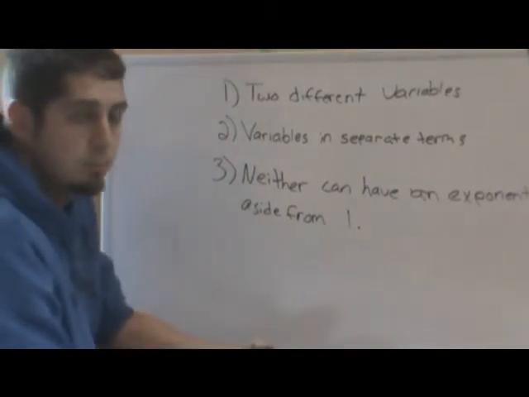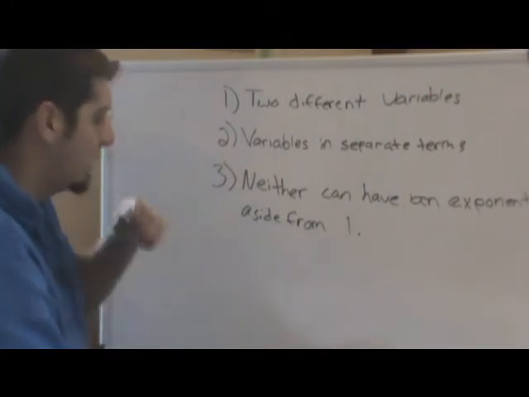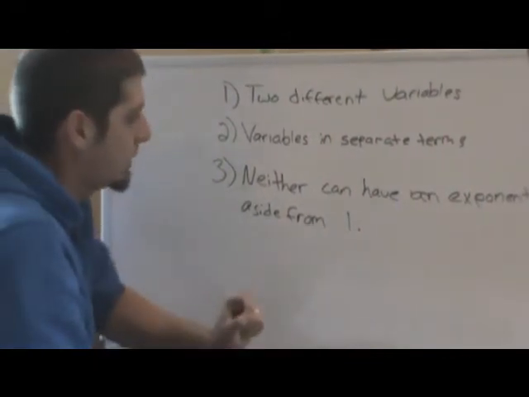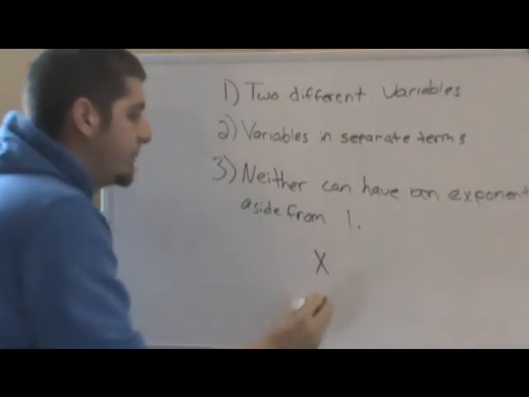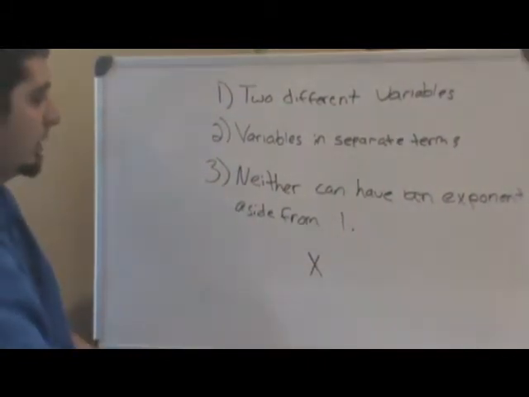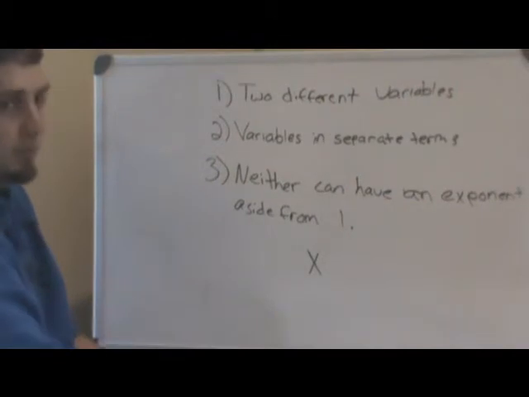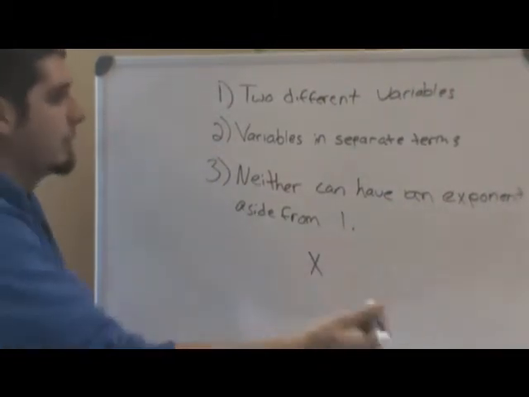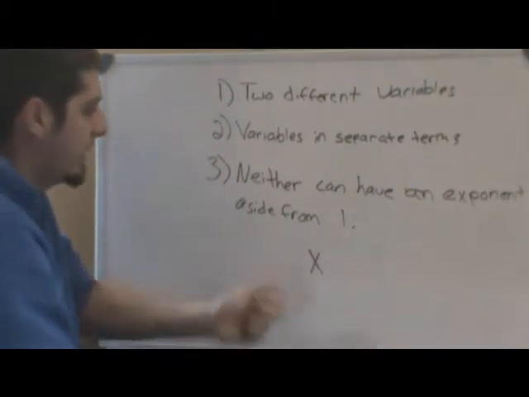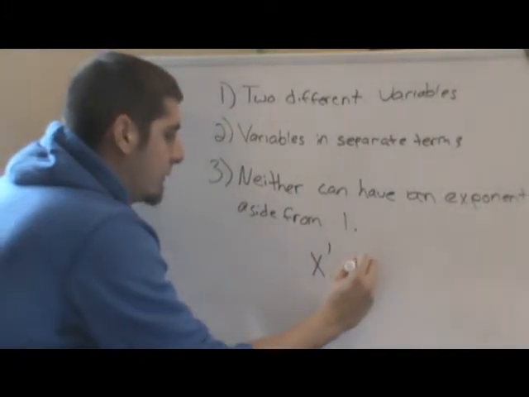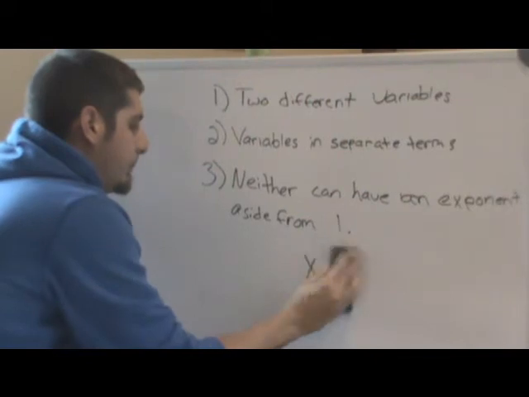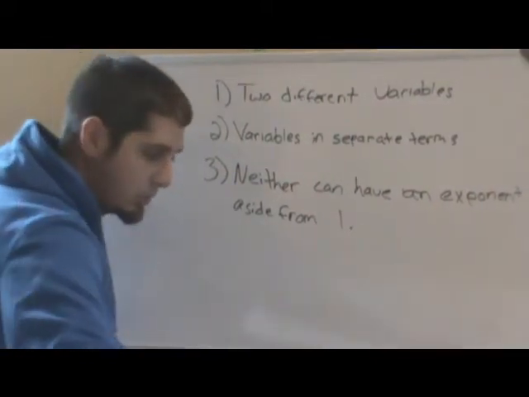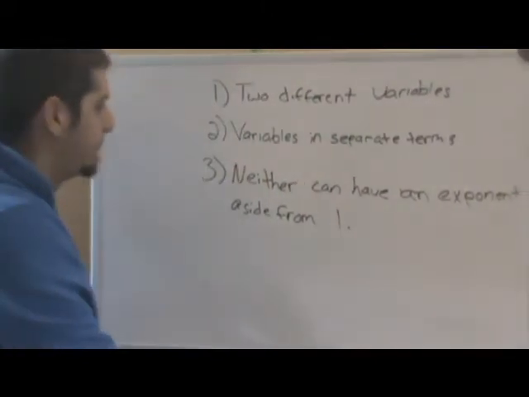Well, if you don't see an exponent, your variable has an exponent of 1. With x, you don't see an exponent because x is to the first power. We never write to the first power, because x to the first power is equal to x, so there's no point in putting the 1 there. So if you don't see any exponents on your variables, then you're all good.